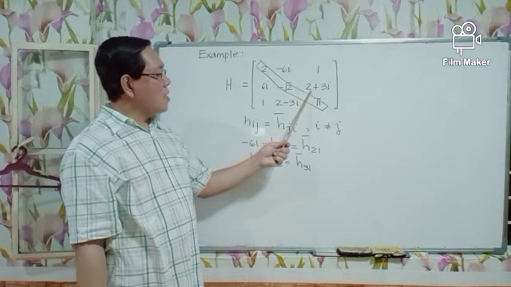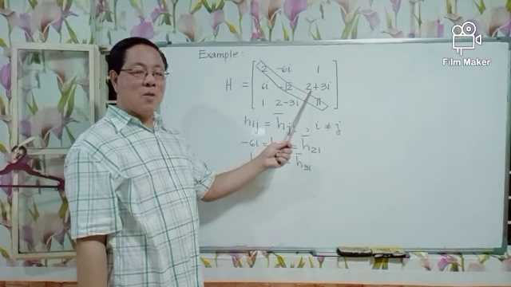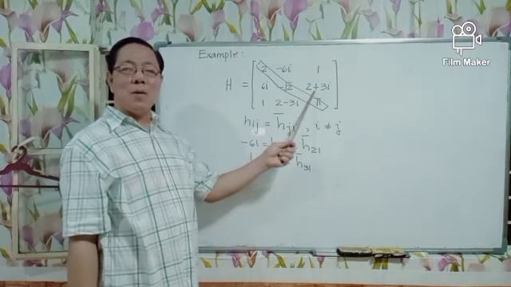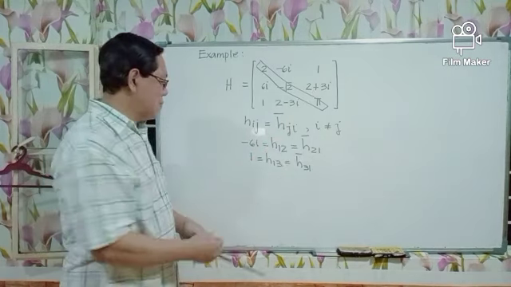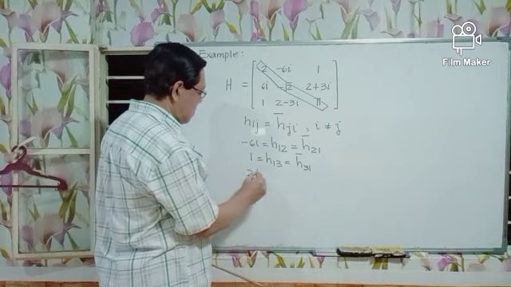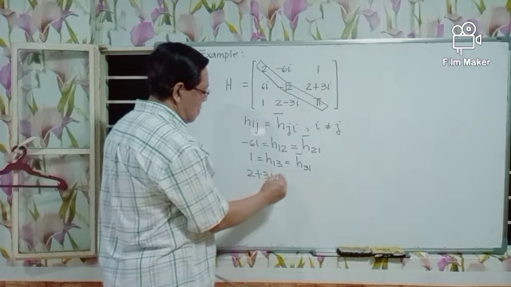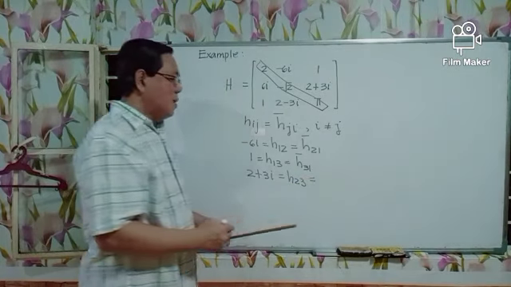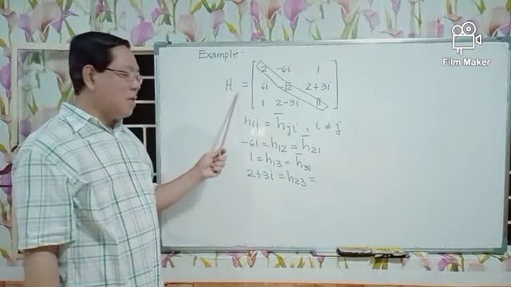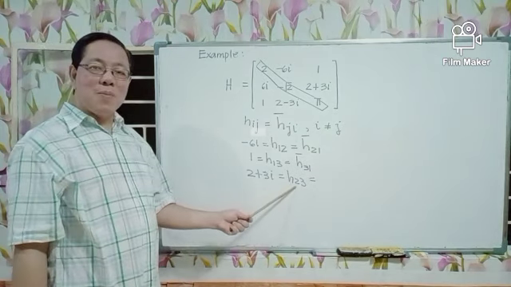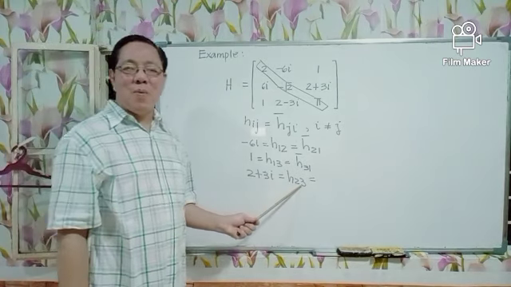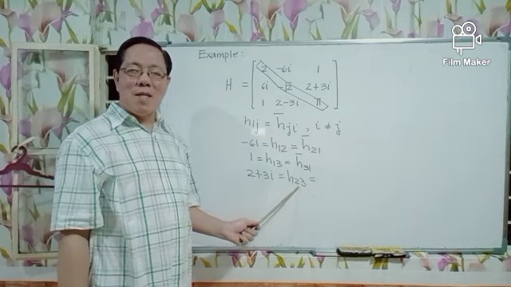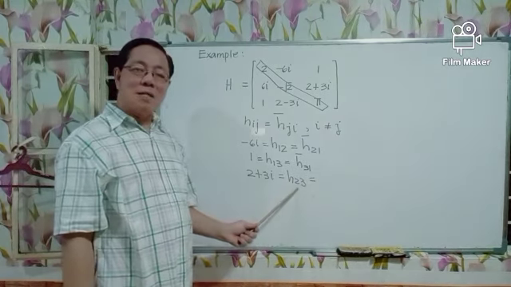And finally, we check this entry 2 plus 3i, which is the entry in the second row and third column. If this is a Hermitian matrix, this entry H sub 2,3, by definition of a Hermitian matrix, must be equal to the conjugate of the entry in the third row and second column.